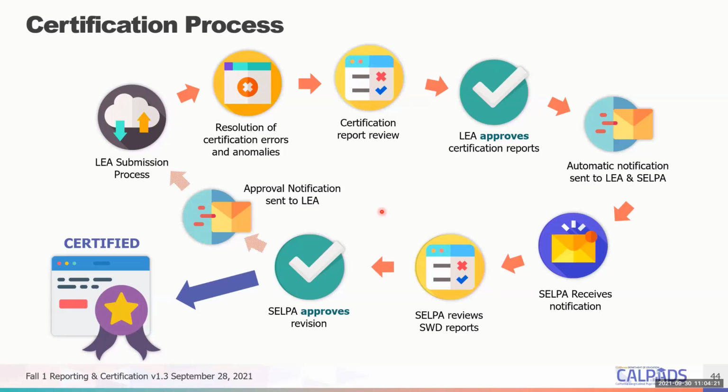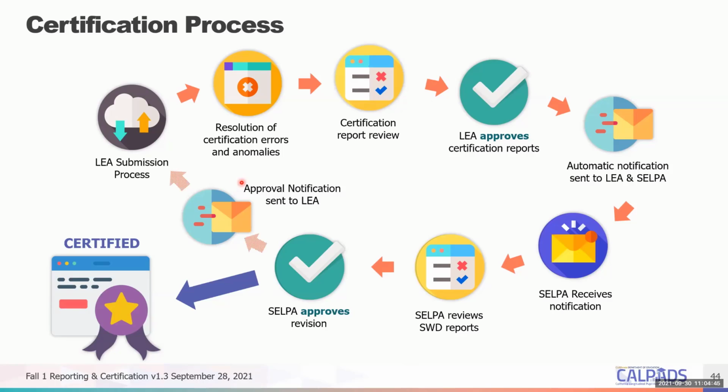So part of the certification process is looking at certification errors and any anomalies. So anomalies are your overlapping enrollments, any duplicate SSIDs that you might have inadvertently created, or any SSIDs that you might have hijacked. So all of these processes require coordination with other districts.